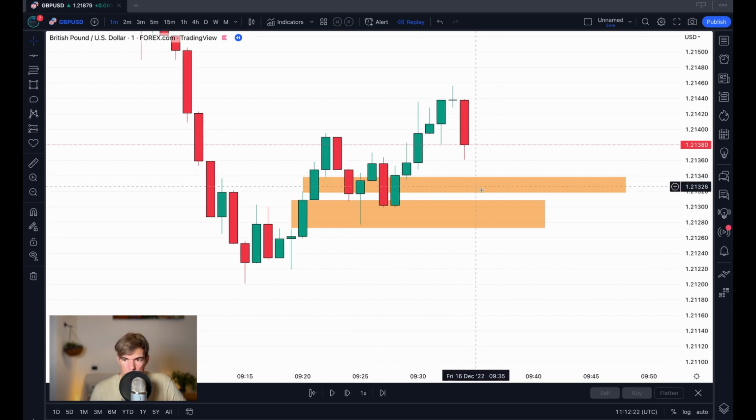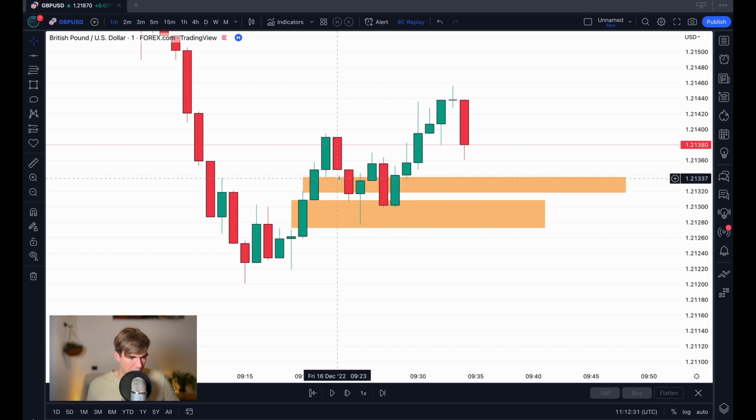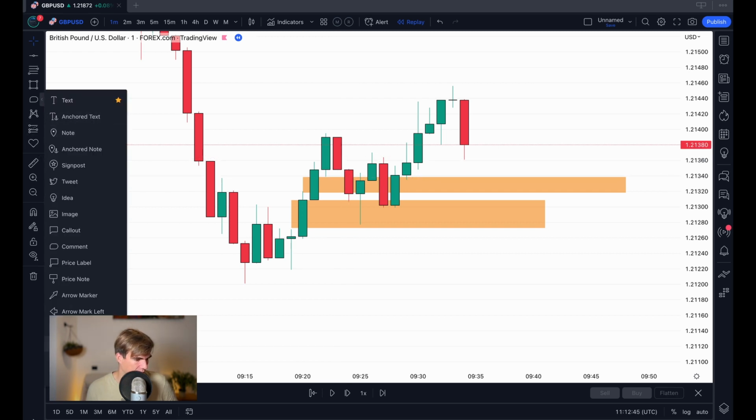Now, another thing that you'll be getting scared about in this one is, what if it only tags the top of that fair value gap and goes away and you lose the move? That's why I started with a small size. I put one position in as soon as I got tagged here, and we're going to indicate that with a nice little arrow.